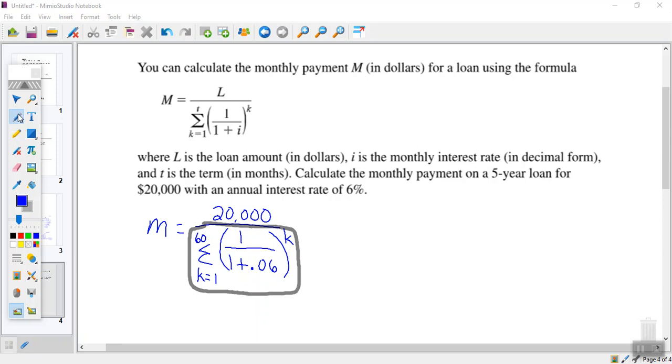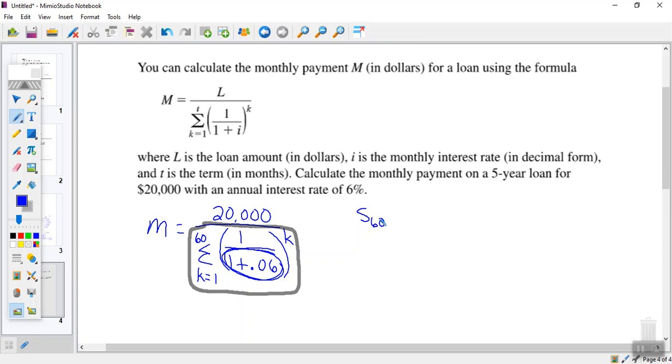So let's roll with this. First of all, you guys agree that this denominator right down here is 1.06? Yeah. Okay. So let's work with the bottom here, this denominator. This summation here, I'm going to call it S. How many terms, kiddos? Okay, we need to know the first term, don't we? Well, guys, if I plug 1 in for K, what's 1 over 1 plus 0.06 to the first going to be?